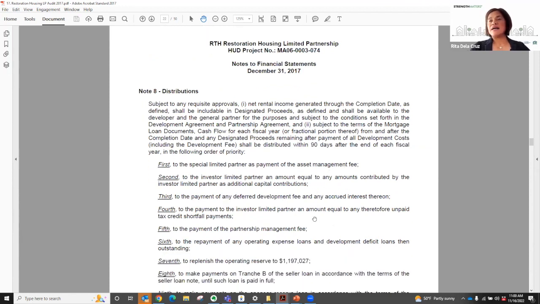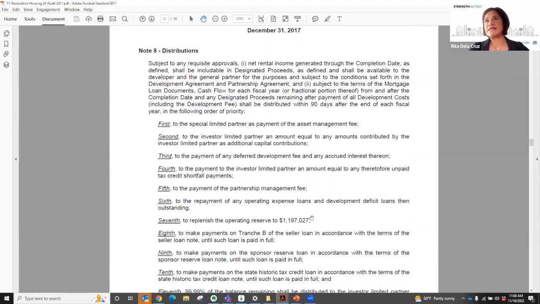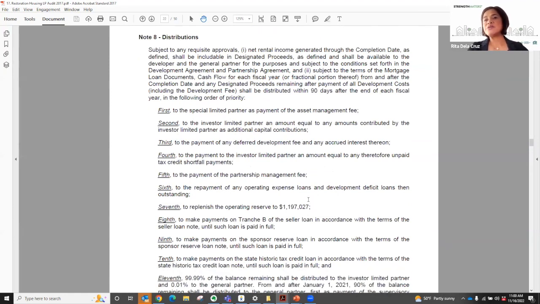which you will notice, the priority distribution that you'll see on the financial statements of Restoration Housing and the priority distribution in the partnership agreement are exactly the same. And that's good for this project, but not all of the projects would just copy the partnership agreement so that everyone else will be okay to follow.